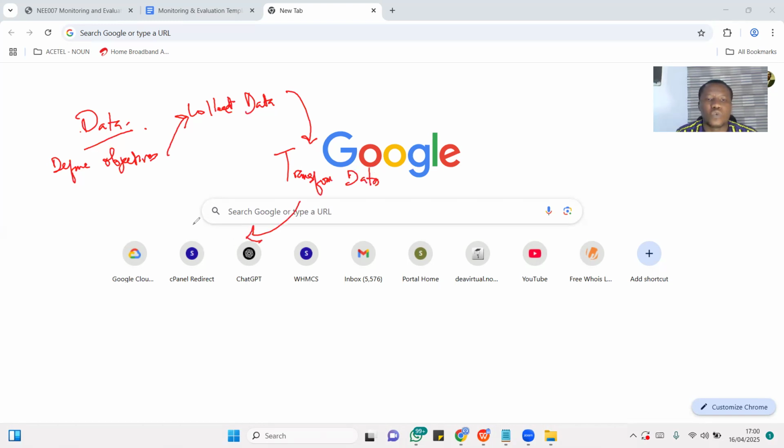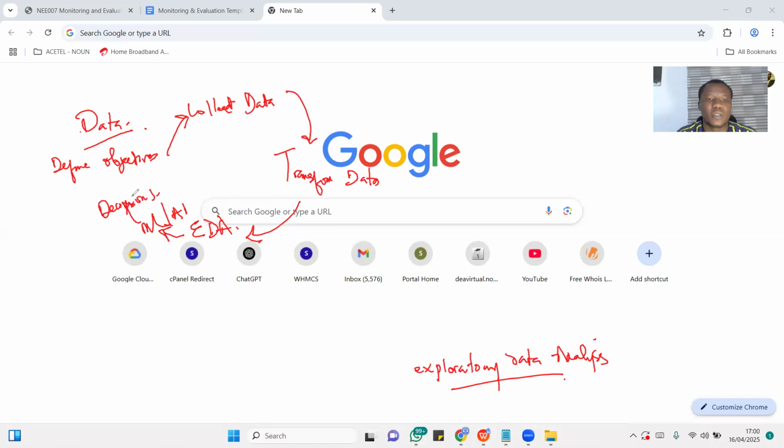We want to now do exploratory data analysis, which I'm going to explain. Then we want to do some maybe machine learning, maybe AI. Then we want to take decisions. Then we can go back to the start. So this is what you call the data analytics life cycle. This is the life cycle of any data analytics.